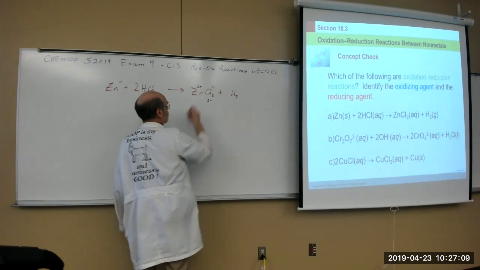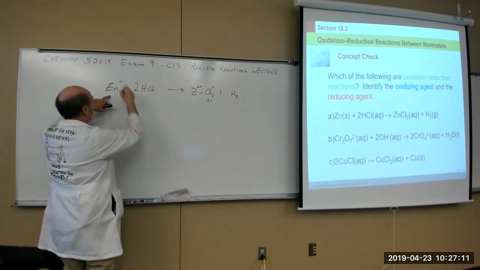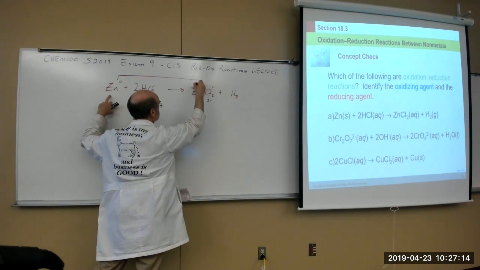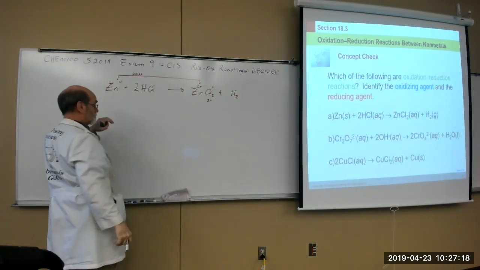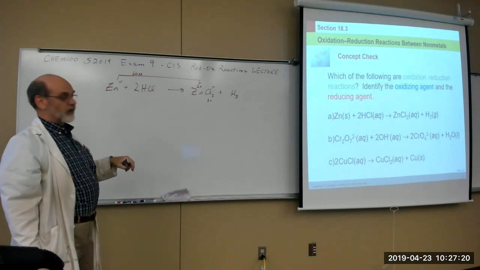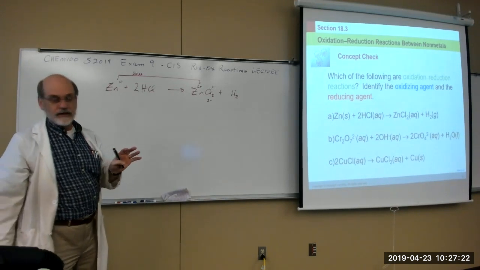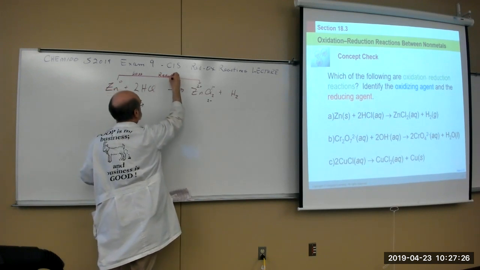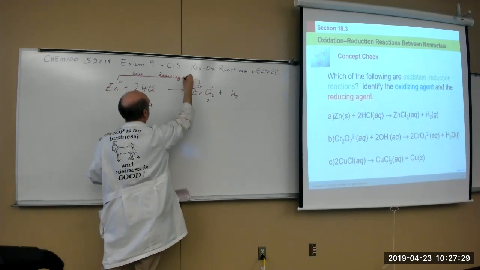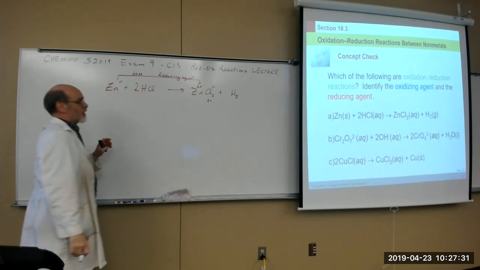That means 2+ here. We went from 0 to 2+, which means what? Loss. We lost electrons, it's oxidized. That means it is the reducing agent. Because it's oxidized.